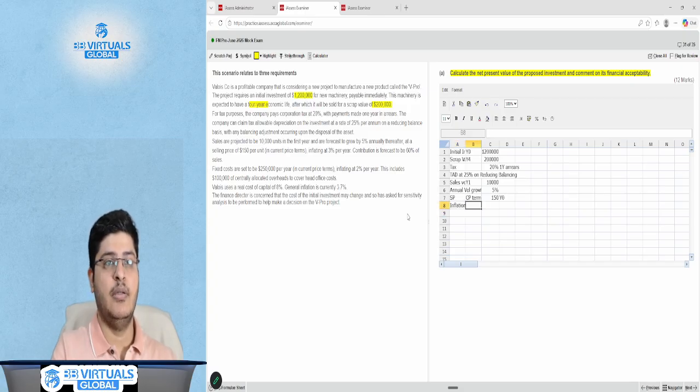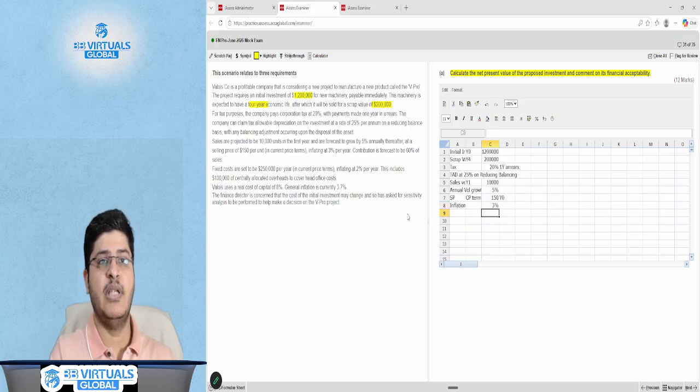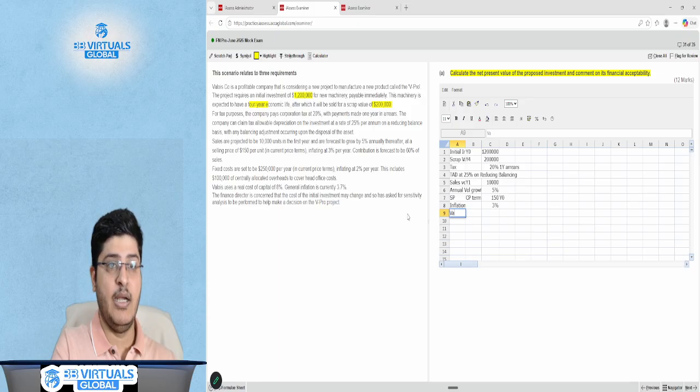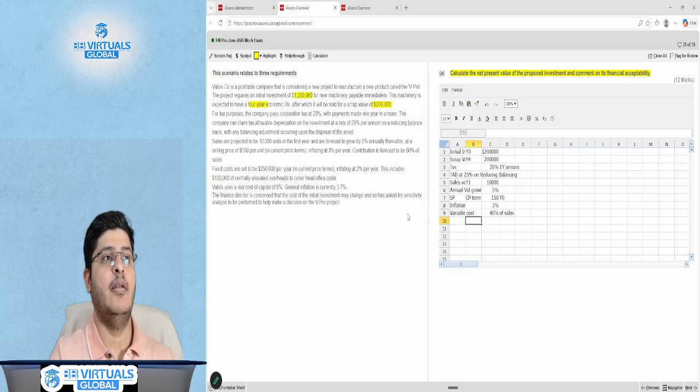Inflation at 3% per annum for the selling price. Contribution is forecast at 60%, which means variable cost is 40%. So I can write variable cost 40% of sales, correct. Then fixed costs are set at 250,000, inflating at 2% per annum.